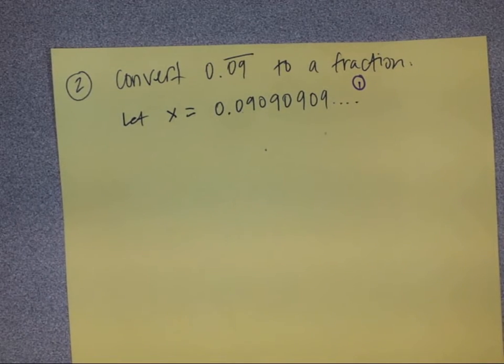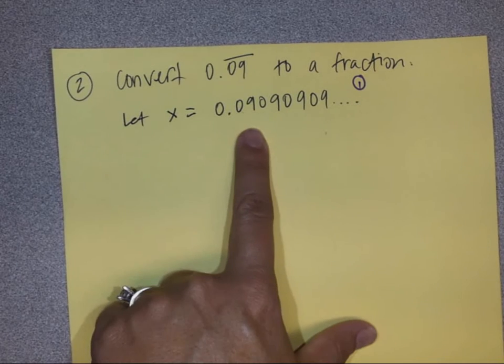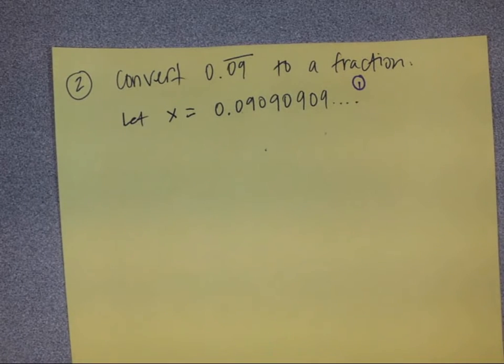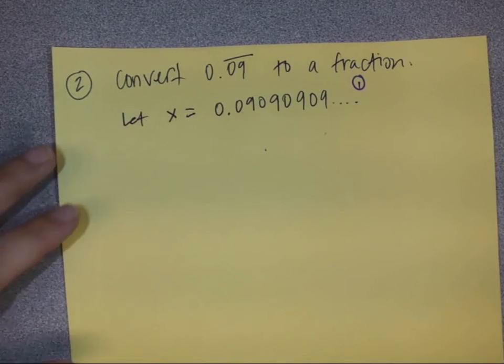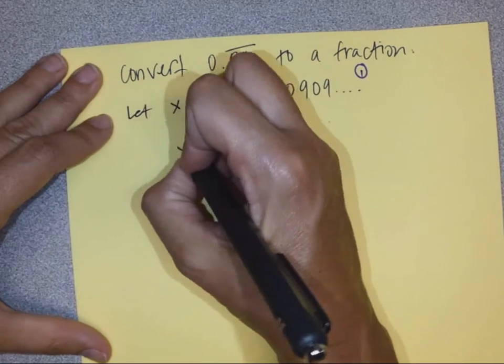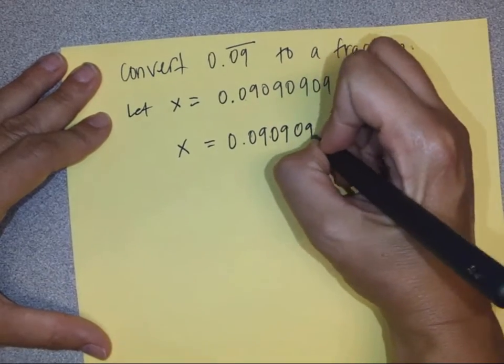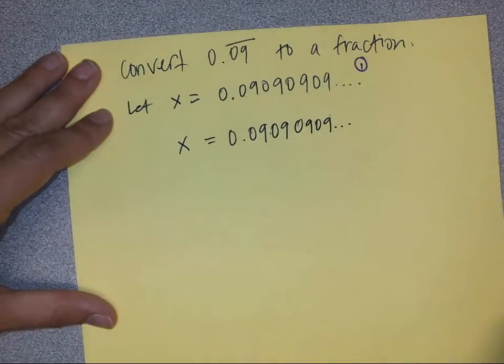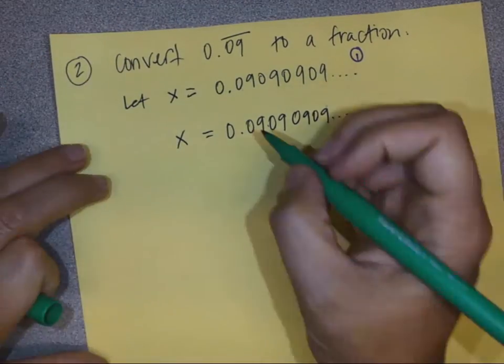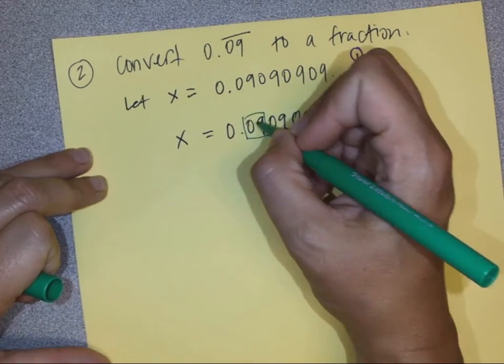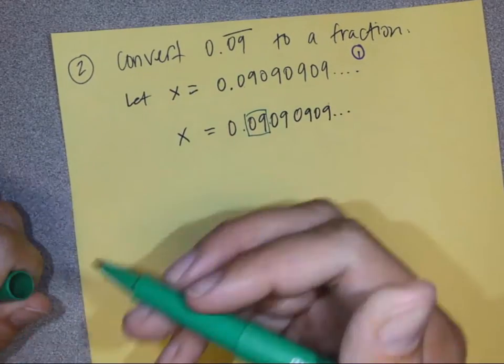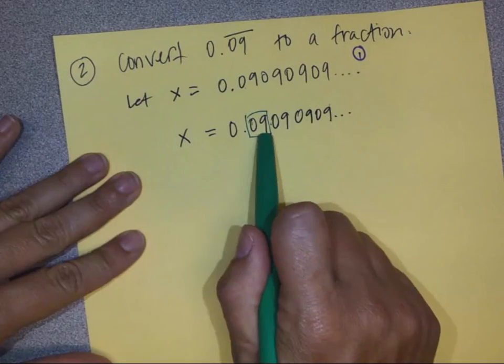To find step number 2, I need to move this decimal enough that 1 repeater is in front of the decimal place. So if I have this decimal, I'm going to rewrite it. The thing that's a repeater here is 09090909. So I need to move this in front of the decimal place.